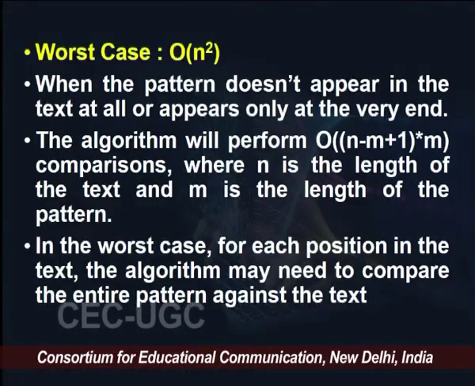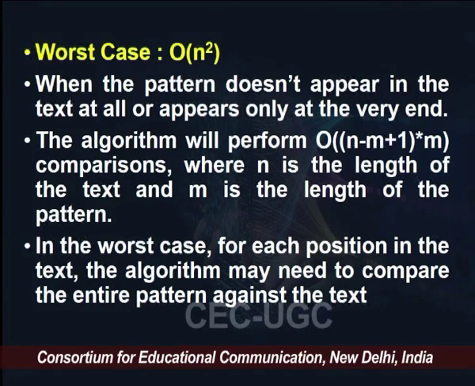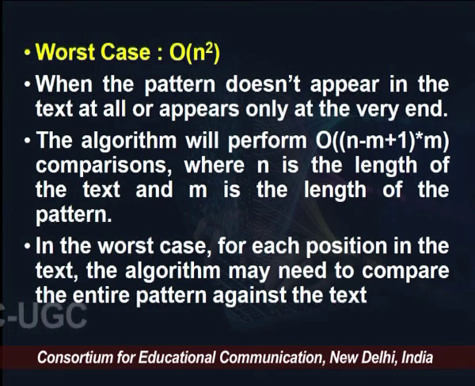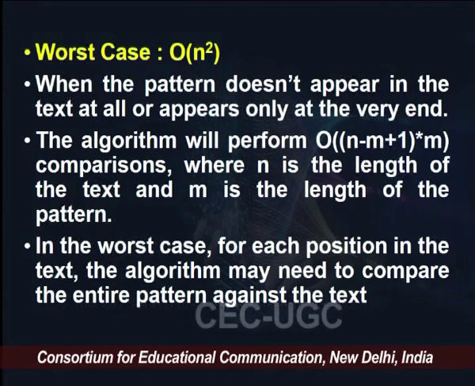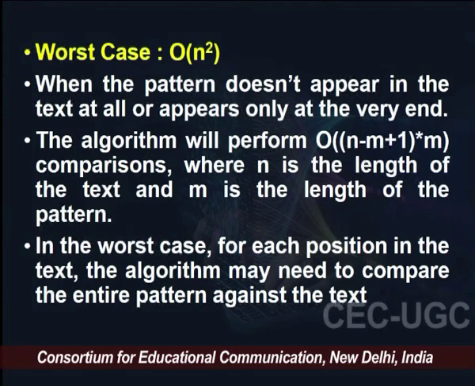Here we are looking for a complete pattern, maybe a sequence of elements. Now, this string matching algorithm will perform order of (n minus m plus 1) multiplied by m comparisons in the worst case, where n, as you are aware, is the length of the text and m is the length of the pattern.